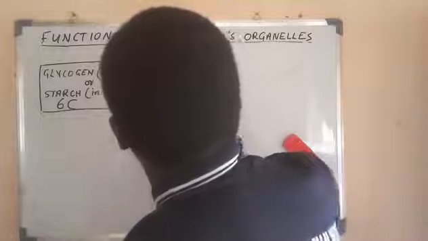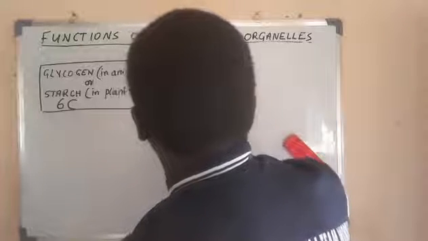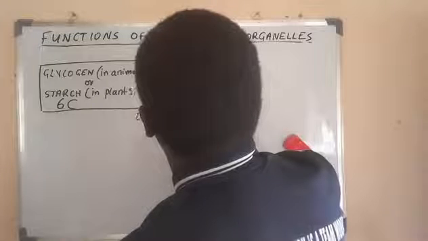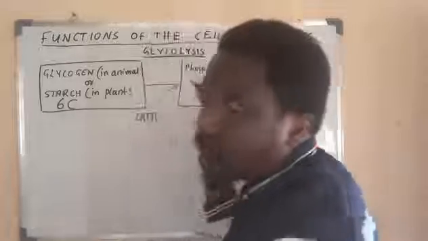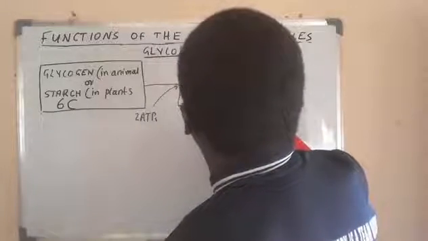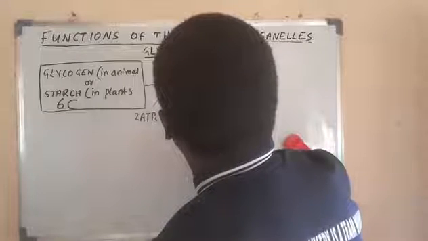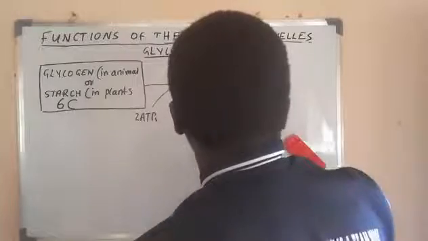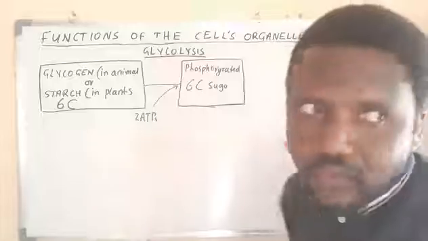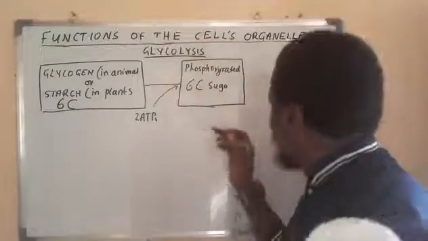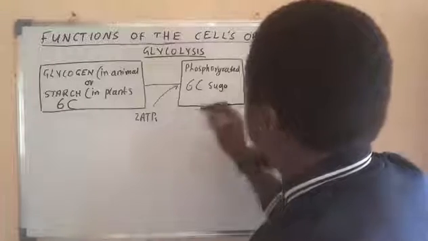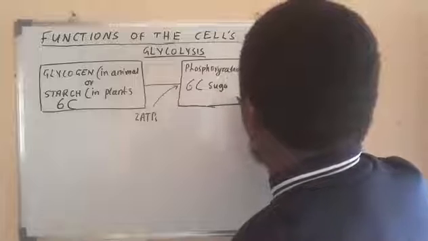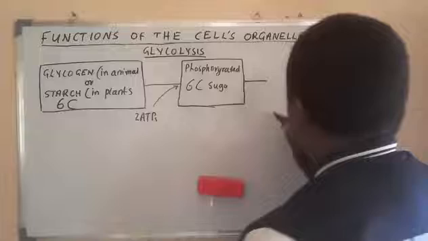When these two ATPs are added, they become a phosphorylated six-carbon sugar, and this will immediately be split into two molecules of 3-carbon sugar, because the combination of these ATPs and one of these compounds brings about the instability of this phosphorylated six-carbon sugar, which can be broken down into two molecules of 3-carbon sugar.